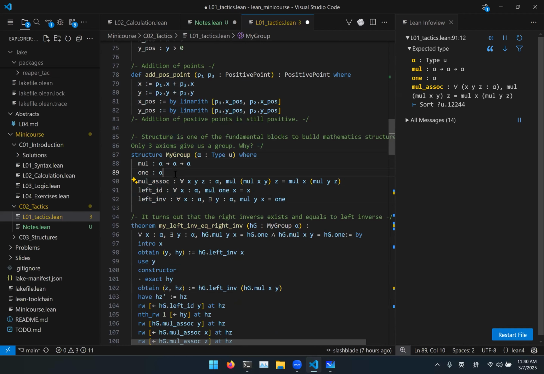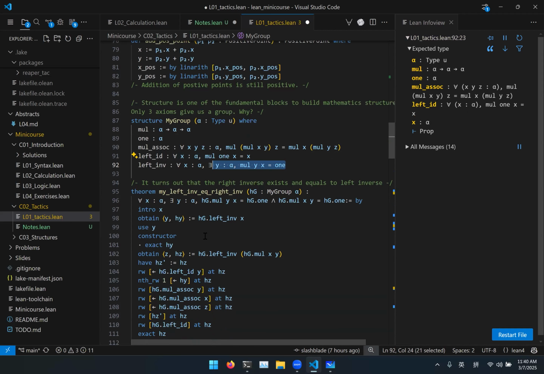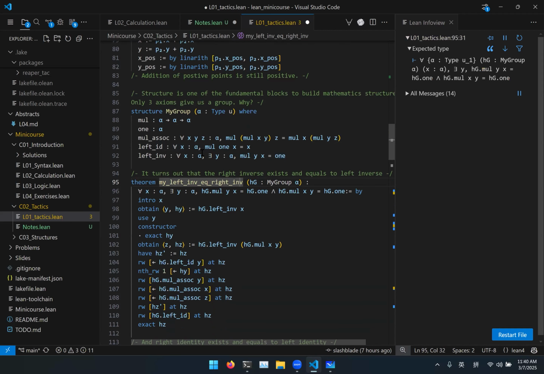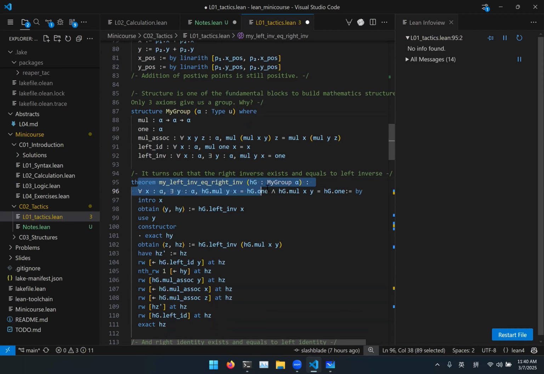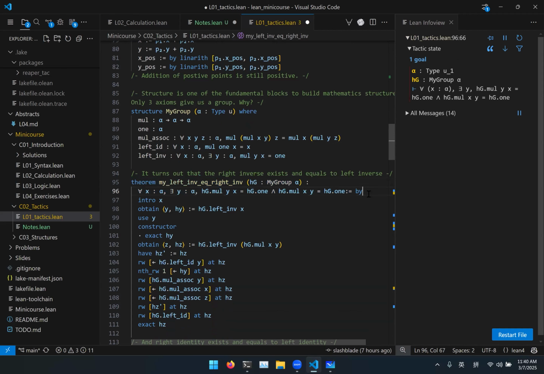So I use a new symbol to stand for the identity. Here we just specify the left identity and left inverse. Next we need to use the theorem of this. We can write theorems of this structure to derive the right inverse. I want to demonstrate how we use this structure to prove new theorems, so I will copy this to a new file.